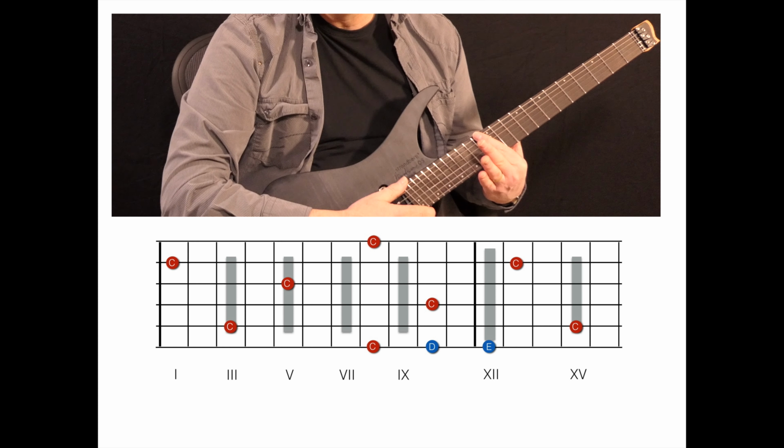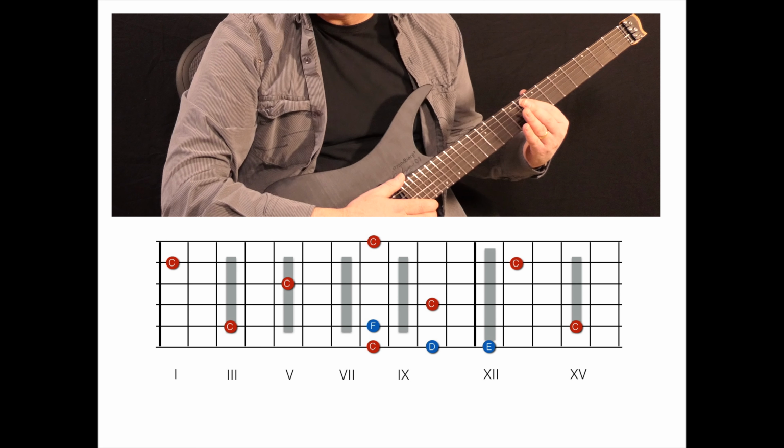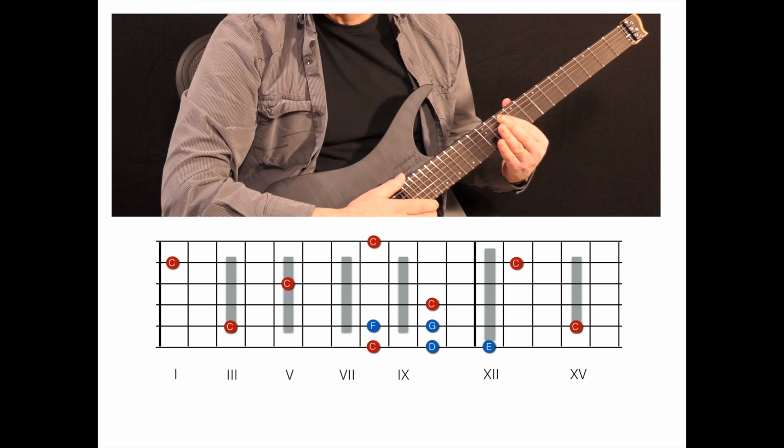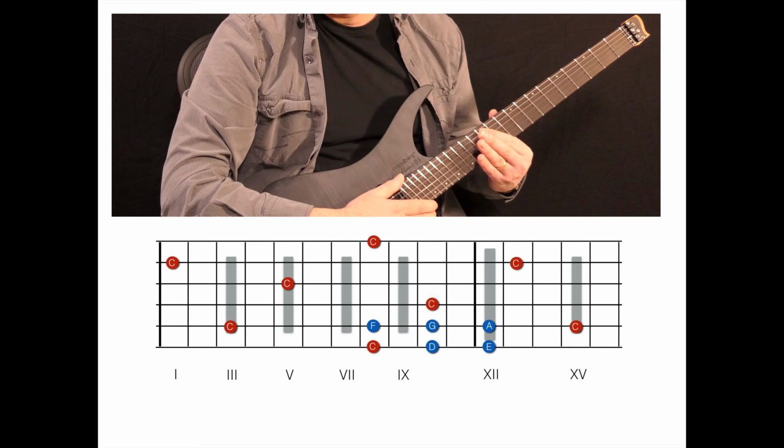I don't want you to play F on the 13th fret. I want you to play it on the 8th fret of the 5th string. The note after that is also 2 frets higher, G on the 10th fret. The next scale degree is also 2 frets higher, A on the 12th fret.